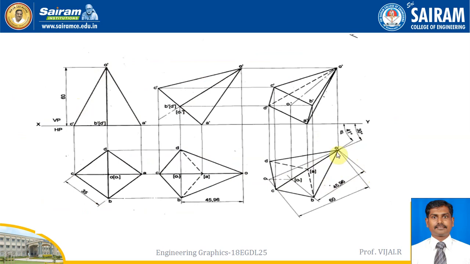Keep your point O here. Take the radius and mark an arc on the 30 degree line. So the 30 degree line is given over there, and a horizontal line, a locus, draw here, and again you measure this distance after inclination. This is the axis distance, so O to O1. Take the axis distance.